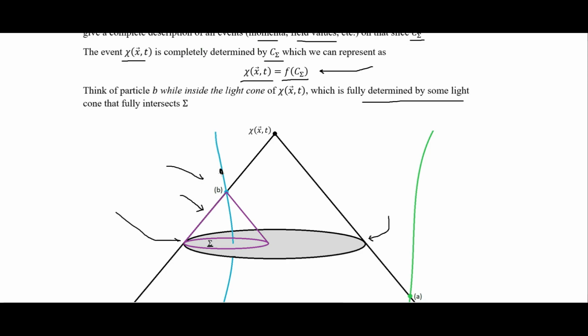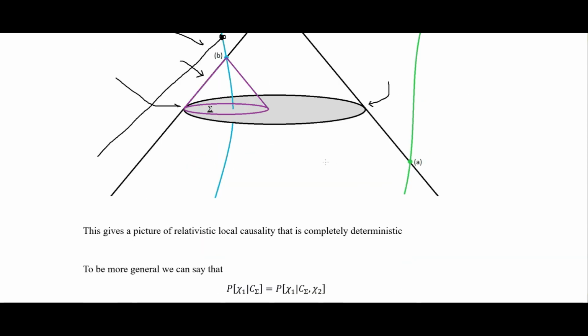So once it got to right here, for instance, then it's now picking up influences from things outside of the light cone of this chi right here. And so this gives a picture of relativistic local causality that is completely deterministic.